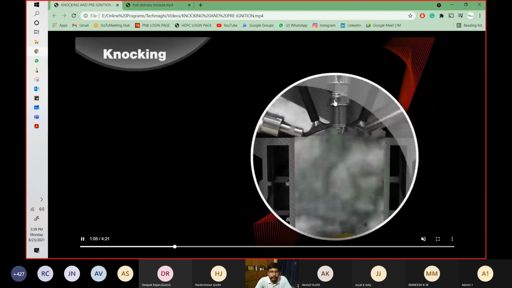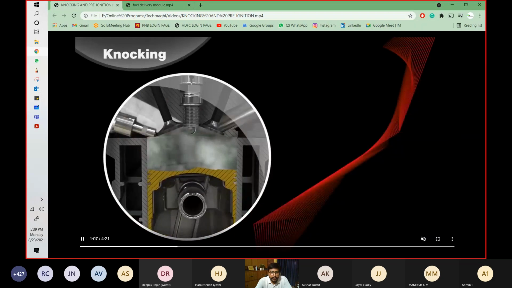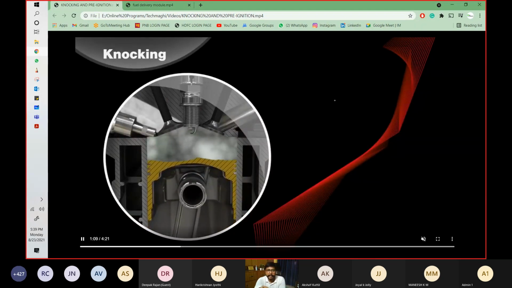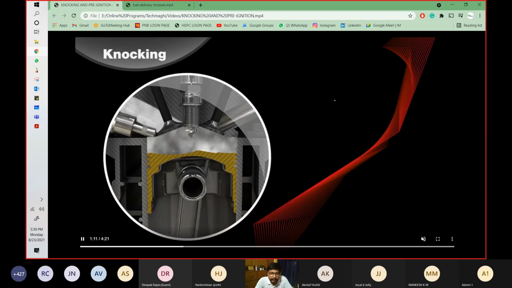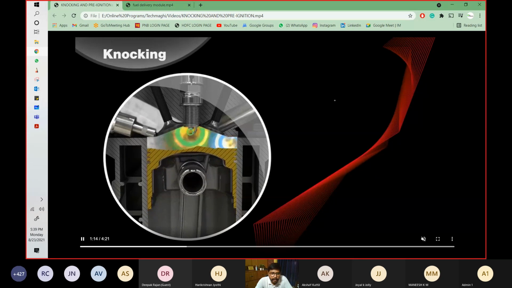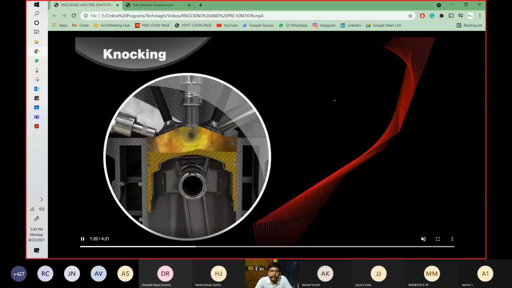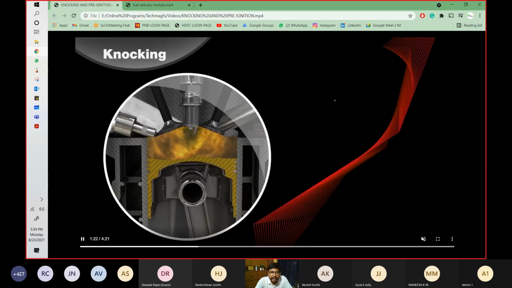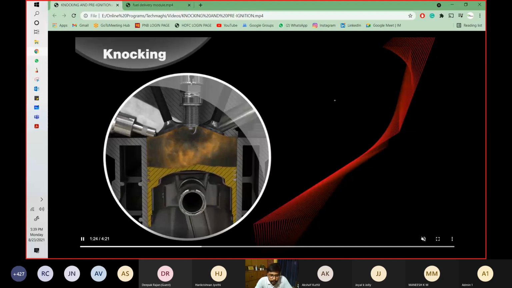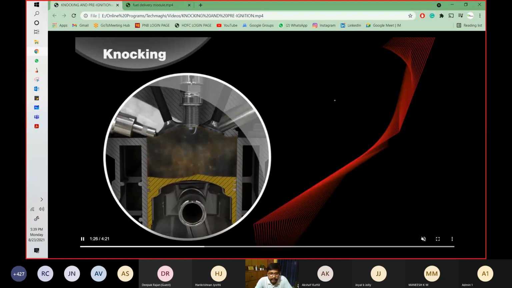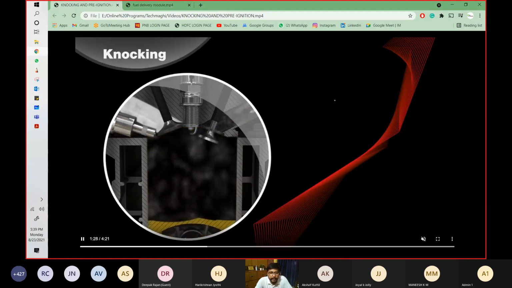So what is knocking? Now, you see the timing is disturbed. The gases intake and everything timing is disturbed. Now it should be intake over here and spark is happening over here. You see, this should be intake over here, a spark is happening, and then this is the issue. So it is an irregular or abnormal thing.